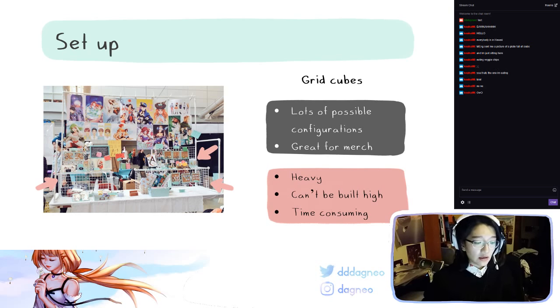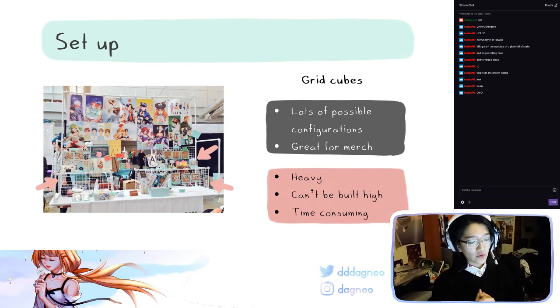And the final disadvantage of grid cubes is that they are time consuming to set up and tear down. All of these connectors, they're connecting like 4 or 5 or 6 of these grid squares at a time. And you need a lot of energy and a lot of time to put them together and take them apart because they do need to be tight enough that they're structurally sound.